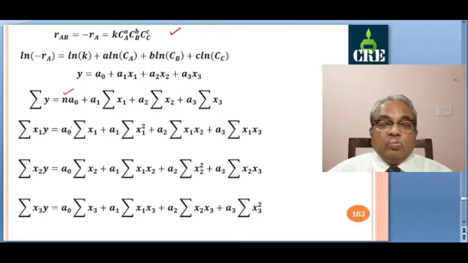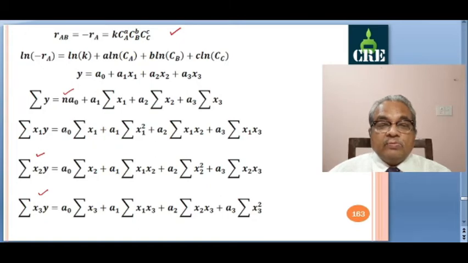So I have to multiply this and take the summation. Similarly for x2 y: A0 sigma x2, A1 sigma x1 x2, A2 sigma x2 squared, A3 sigma x2 x3. For x3 y, again A0 into sigma x3, A1 into sigma x1 x3, A2 into sigma x2 x3, A3 into sigma x3 squared.